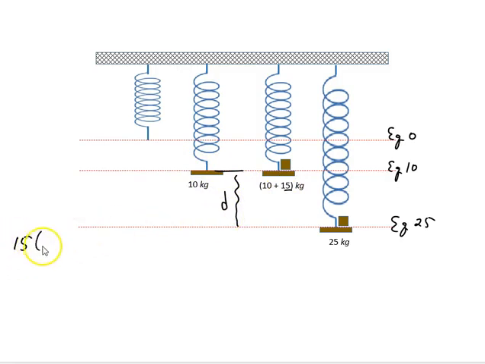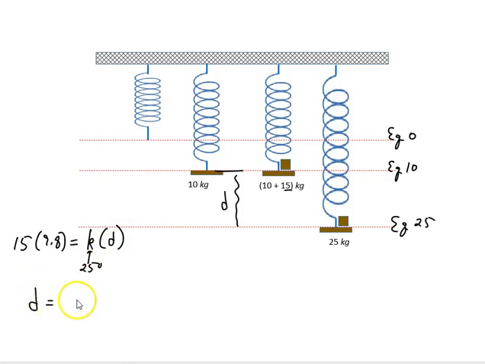So we can say 15 times 9.8 is the additional weight down, balanced by an additional spring force up, K times that additional distance D. Now, K was given in the beginning of the problem as 250 newtons per meter.